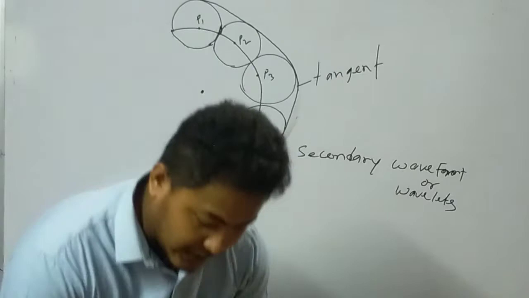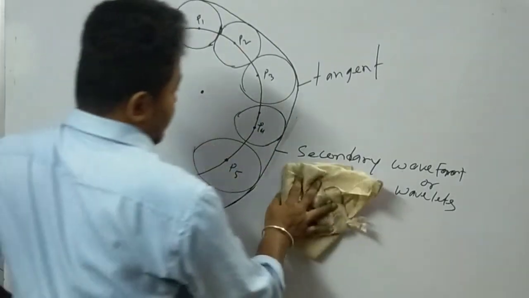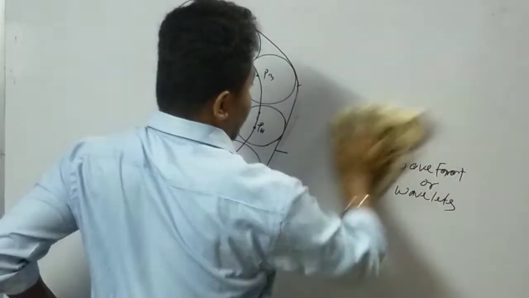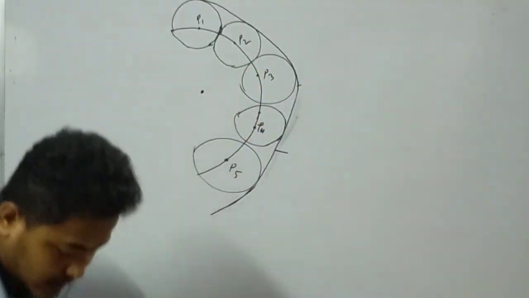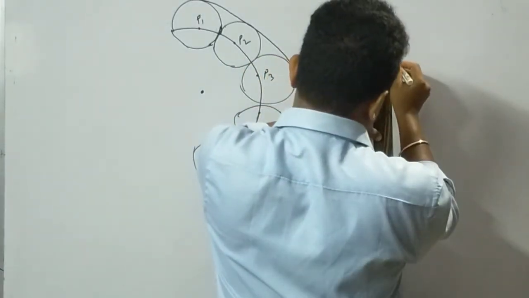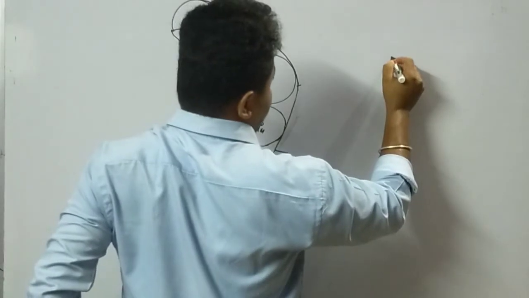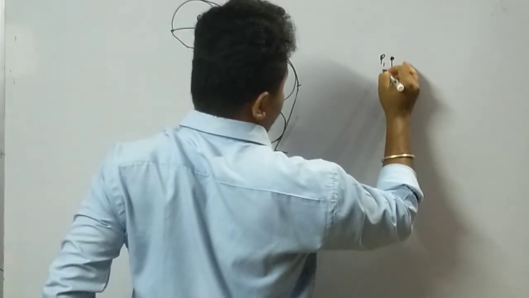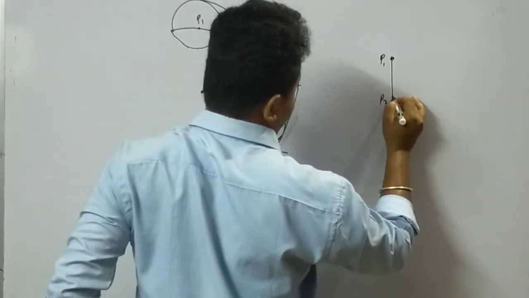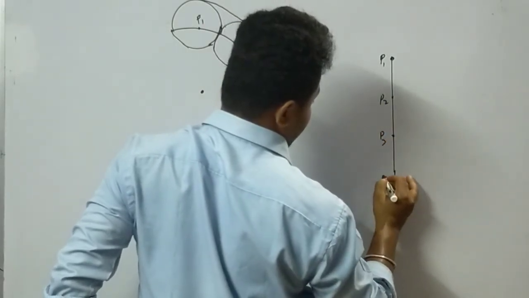If you consider one more example, suppose it's a linear source. As you can see, these are some particles. Suppose this is P1, this is P2, this is P3, and this is P4.